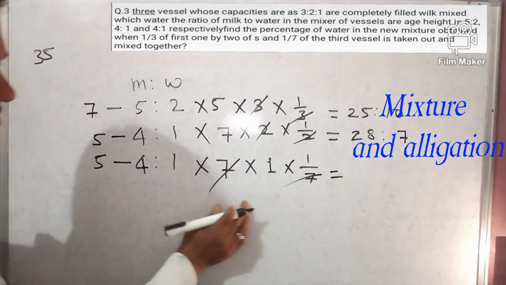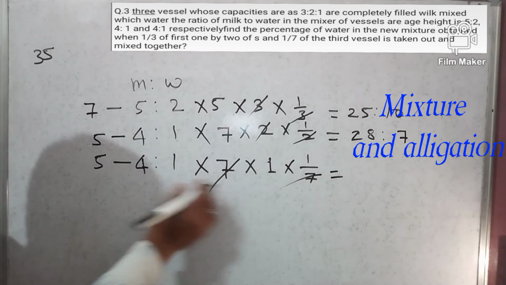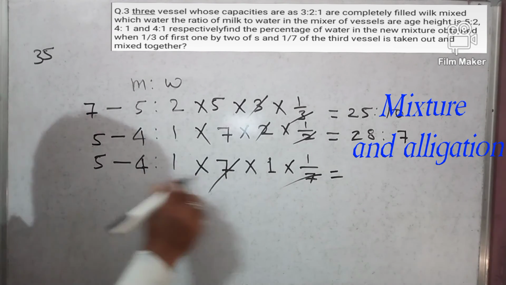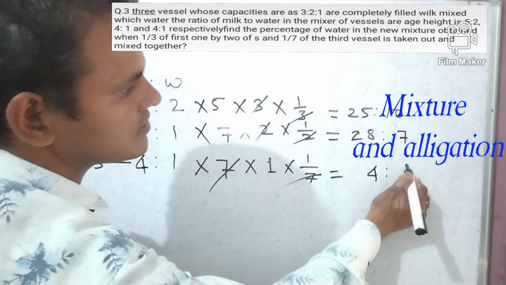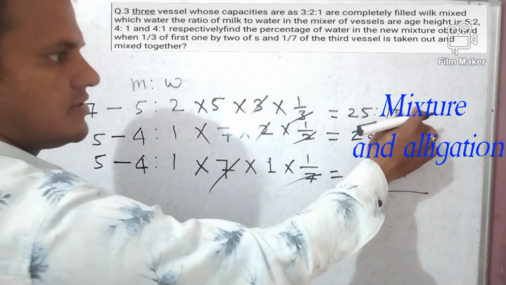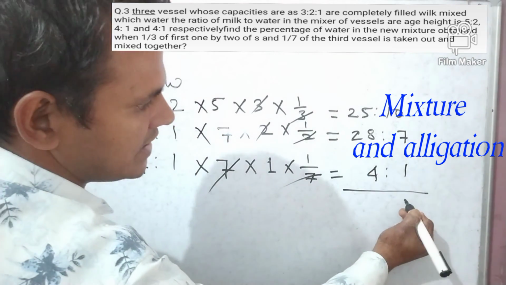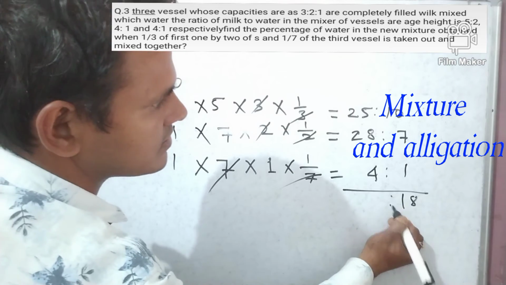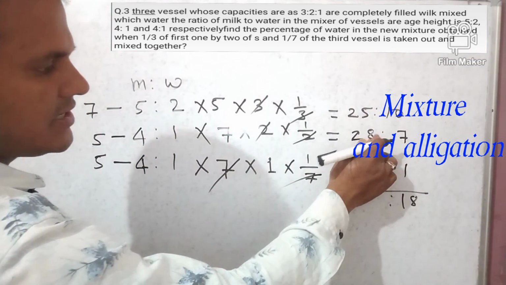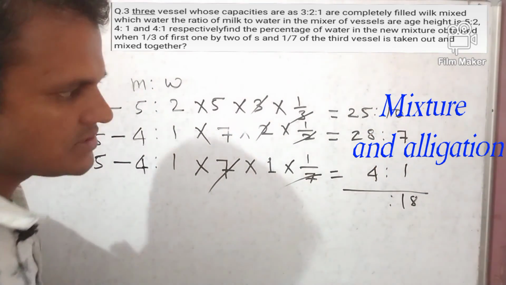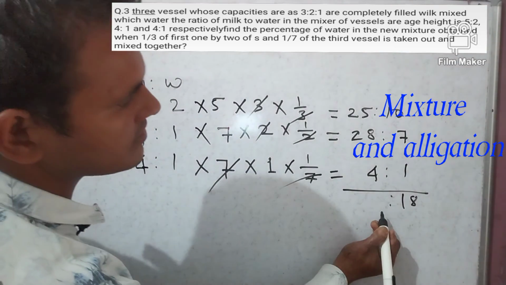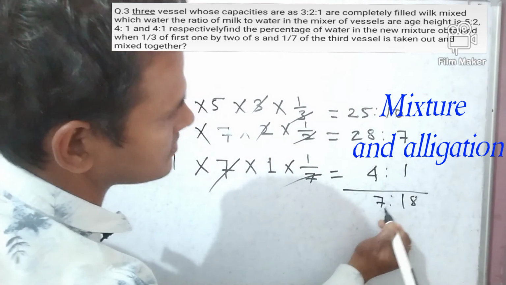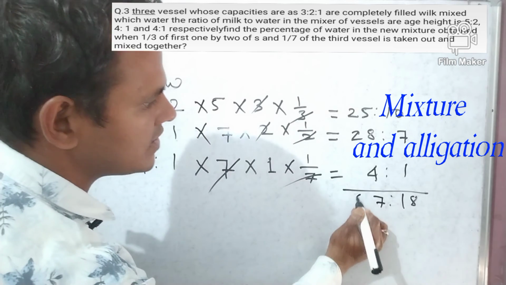In the third container it is directly 4:1. Now add them. 10 plus 7 is 17, and 1 is 18. 5 plus 8 is 13, 13 plus 4 is 17, and 2 plus 2 is 4, and 1 is 5.